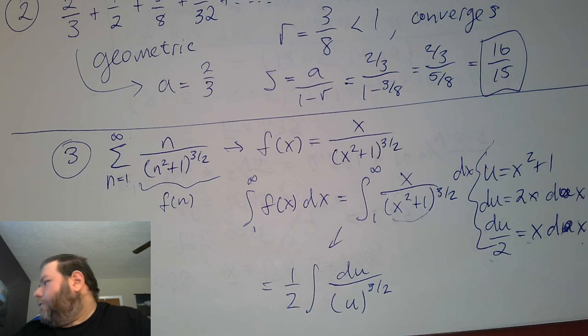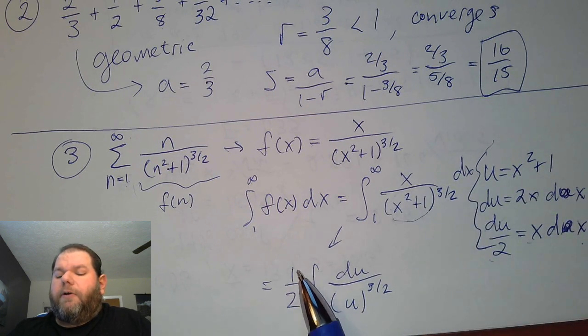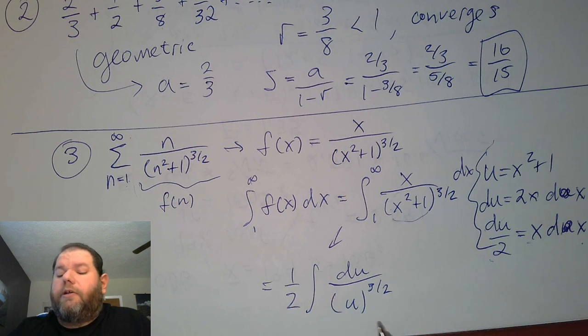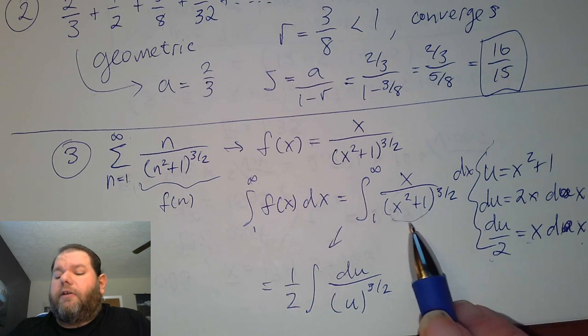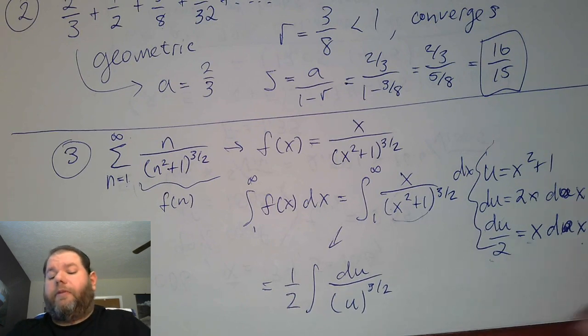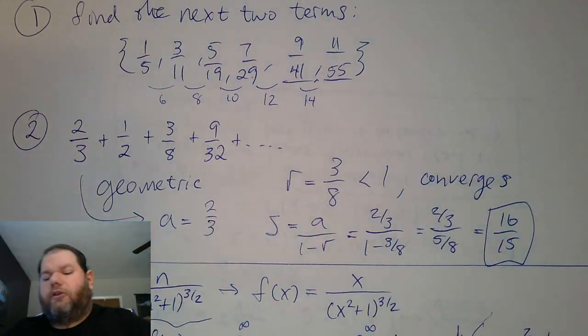Okay. So x dx gets replaced by 1/2 du, or du over 2, whichever way we want to express that. And then this inside the parentheses is u, so that's u to the 3 halves now. So we go from there. I'm going to turn over to the next page.